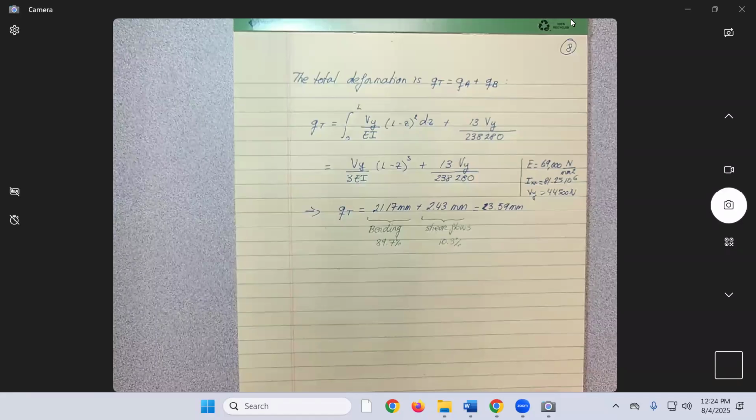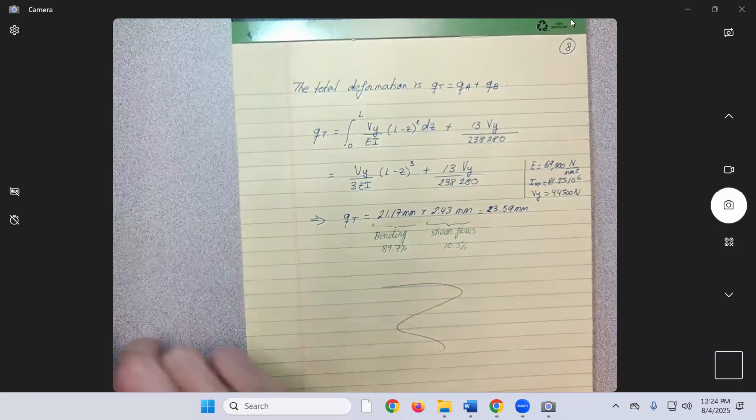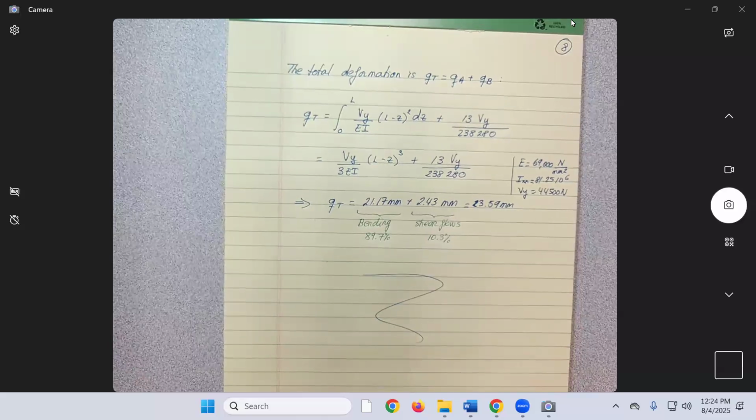But in real life, do you think the force is going to be applied at the shear center? No. All this stuff is for simplification, but in real life, it's going to be somewhere else. So if you know how to solve this type of problem, this summarizes all the knowledge that I want you to learn during the semester.